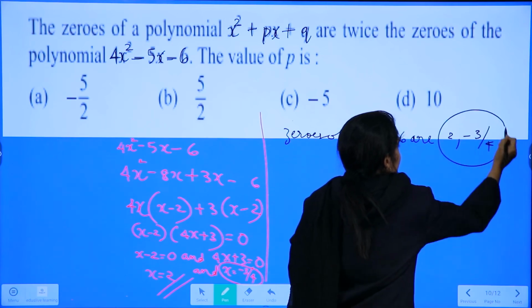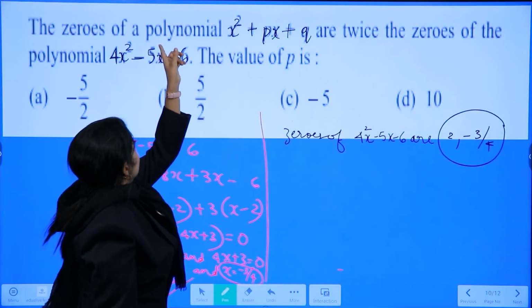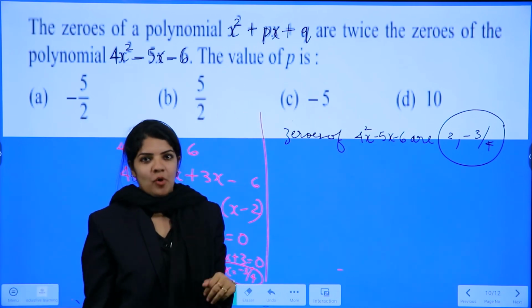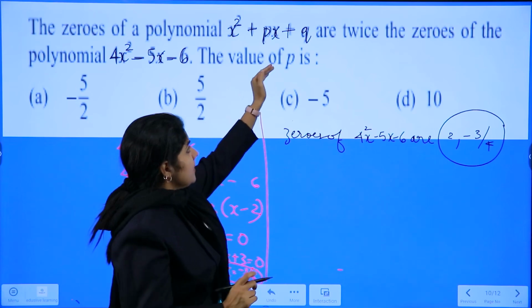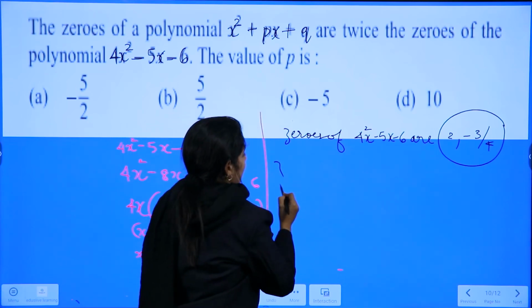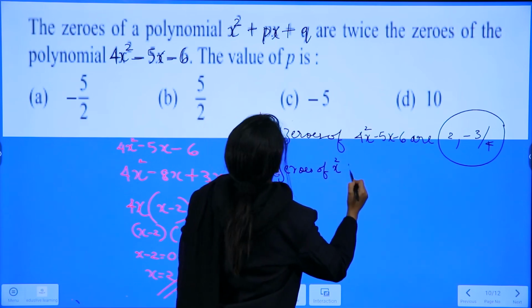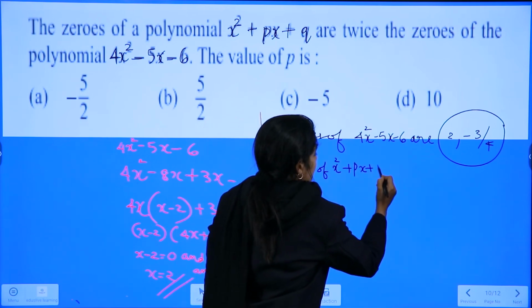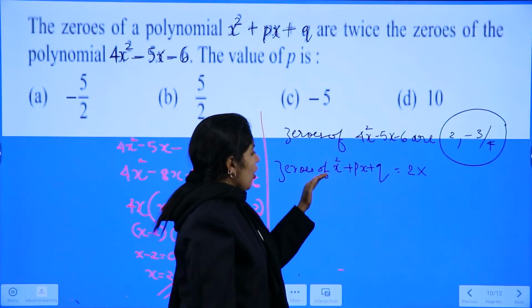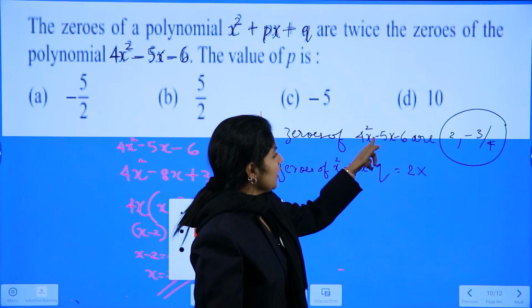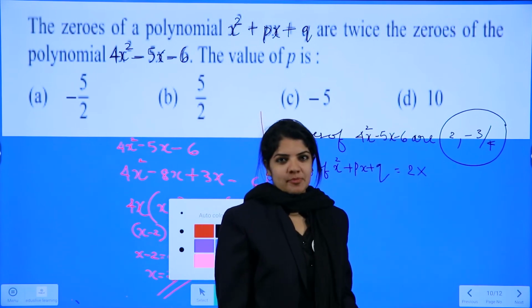Now read the question again. The zeros of this polynomial are double the zeros of the second polynomial. This is the most important part. We are going to find the zeros of x square plus px plus q. It is given that the zeros of x square plus px plus q are double the zeros of 4x square minus 5x minus 6.